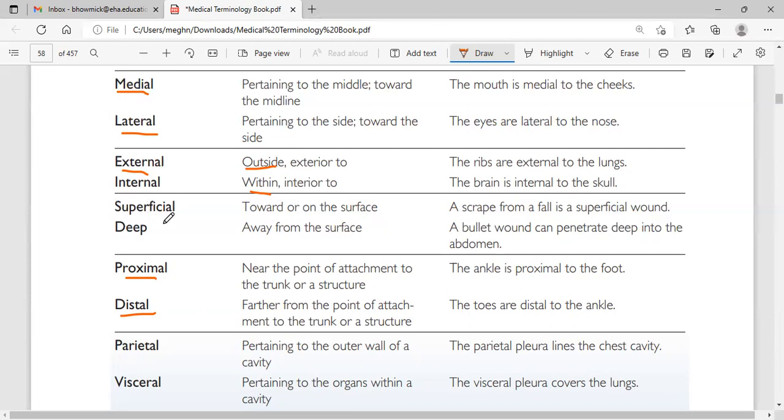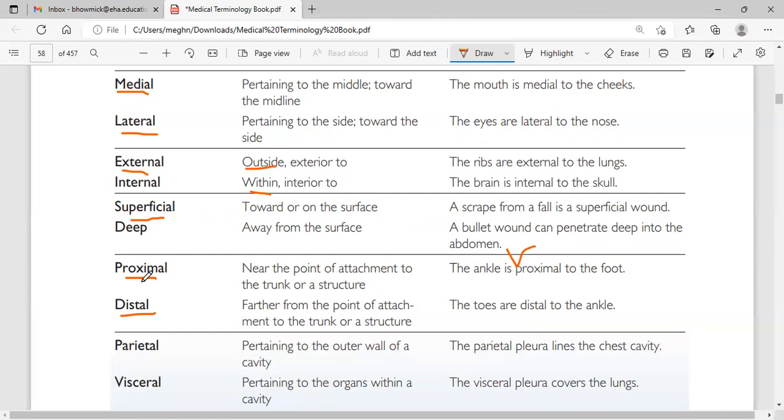Superficial and deep. Superficial means towards the surface, like a scalp wound from a fall, a superficial wound, but deep means away from the surface. So a bullet wound can penetrate deep into the abdomen.